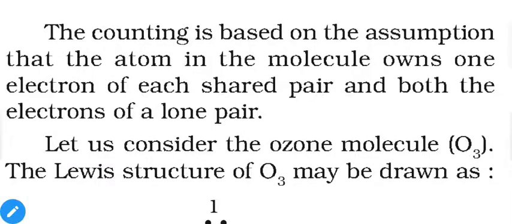This counting is based on the assumption that an atom in a molecule owns one electron of each shared pair and both the electrons of a lone pair. Okay, so keep in mind, if two electrons are present between atoms, then both of the atoms gain one electron. And if electrons are present within the atom, that means a lone pair or unshared electron pair, then you have to count both of these electrons in that atom.